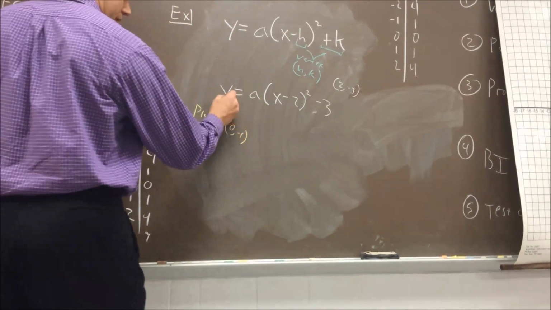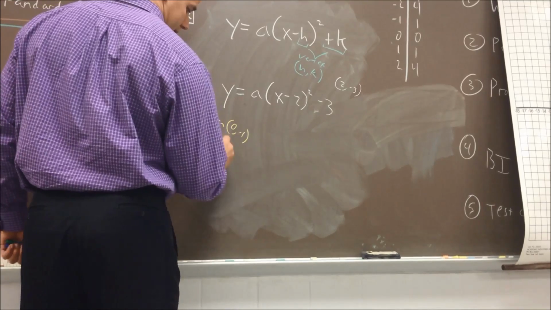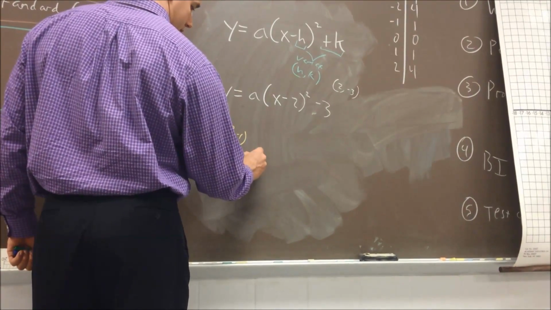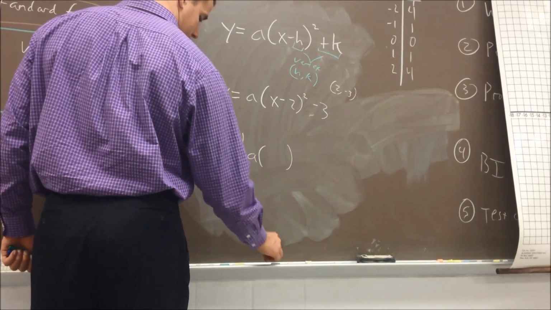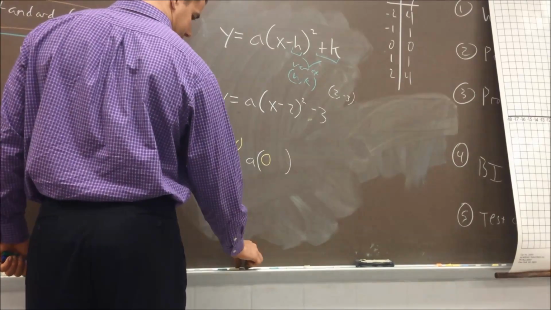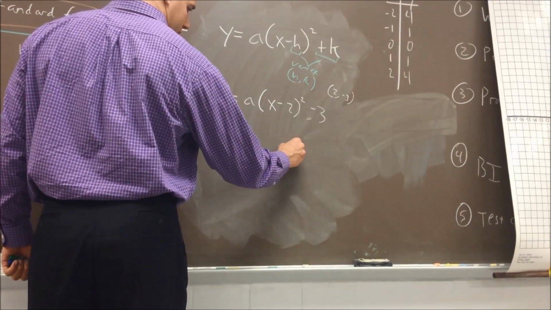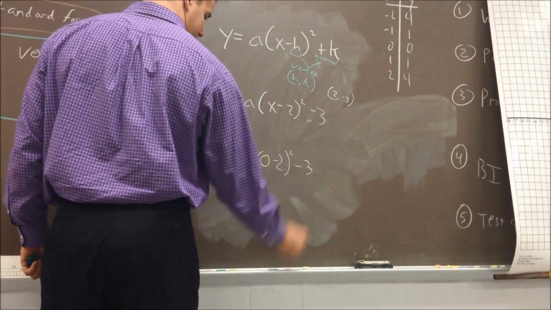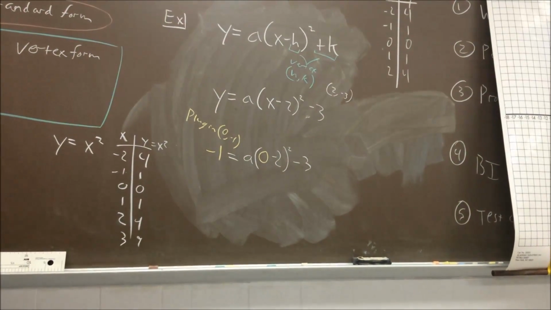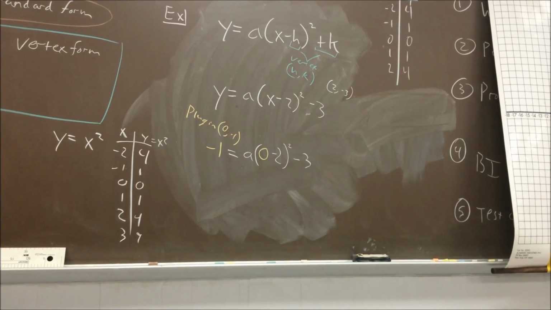Because now, when I plug in a -1 in here, -1 equals A times, the x coordinate was 0, minus 2 squared minus 3. I can solve for A. In fact, you can solve for A. Go solve for A. Go with your team.